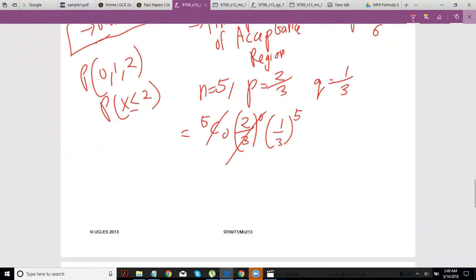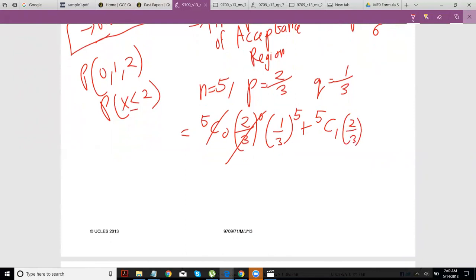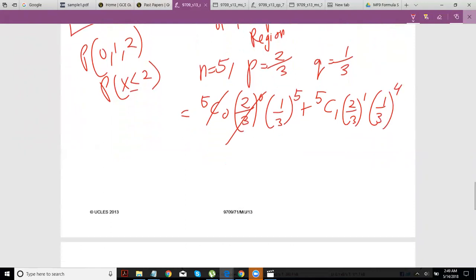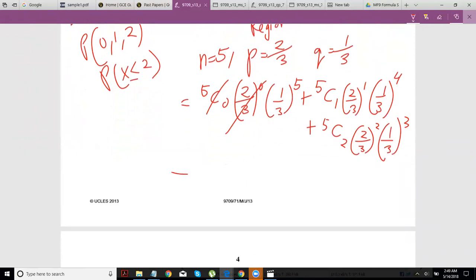These two should just be cut to 1, if you pop it in your calculator. 5C1, which is 2 upon 3 to the power 1, 1 upon 3 to the power 5 minus 1, which is 4, plus 5C2, 2 upon 3 to the power 2, 1 upon 3 to the power 3. And this will be the probability that if you use your new p that is given, you can still fall in the acceptance region, which is not the rejection region.